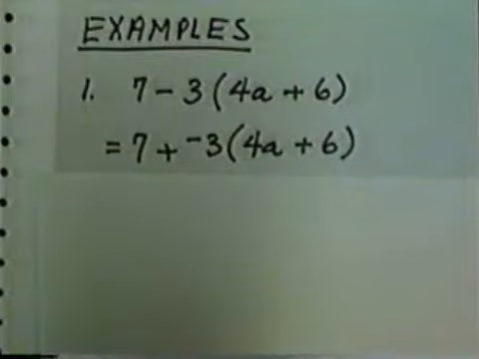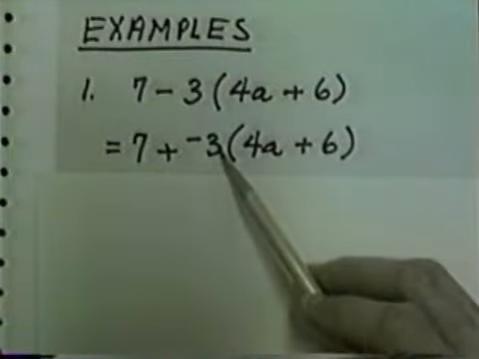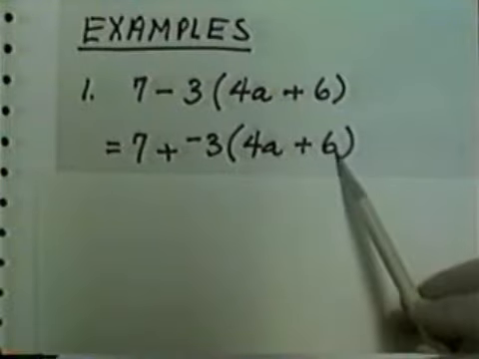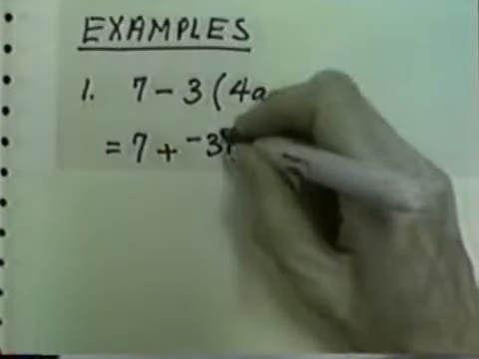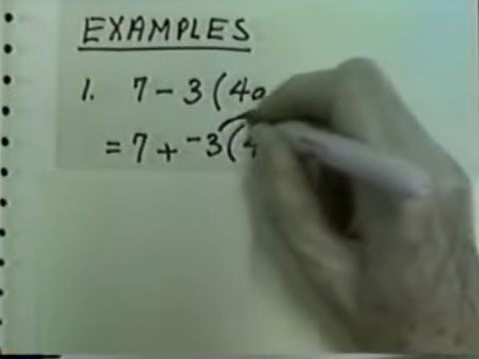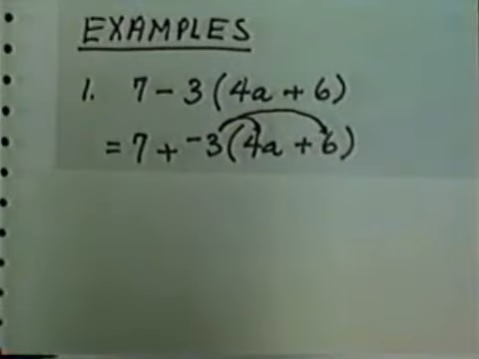Now 7 plus negative 3 times 4a plus 6 is worked by multiplying negative 3 times the expression in parentheses. We use the distributive property and multiply the negative 3 times 4a and negative 3 times 6.